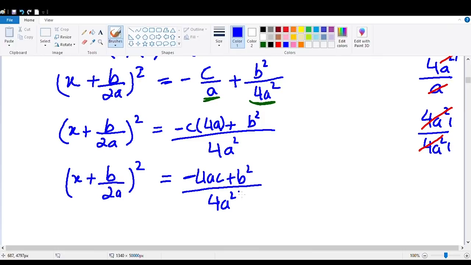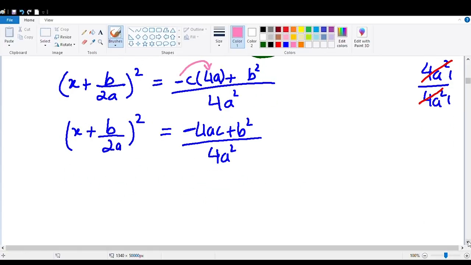Basically, when minus c multiplies with 4a, it will become minus 4ac. Now we can reorder this. We'll get x plus b over 2a whole square equals b squared minus 4ac over 4a squared.